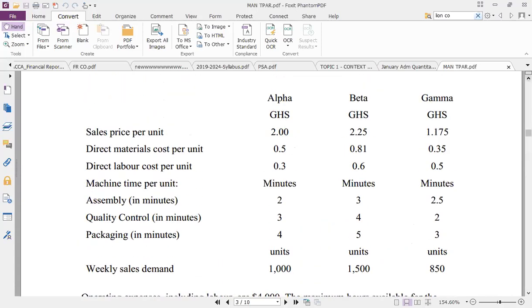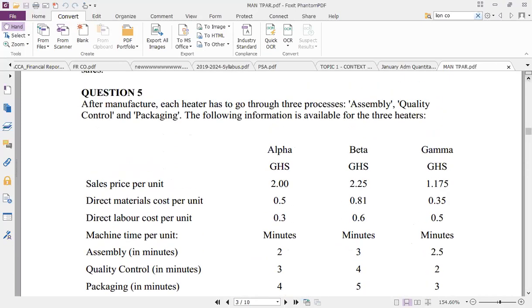So let me go to the full section of the question. After manufacture, each meter has to go through 3 processes: assemble, quality control, and packaging.